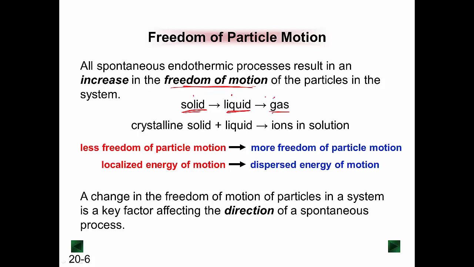Similarly, if we move from a crystalline solid and liquid to having ions in solution, we've moved from a situation where we have less freedom of motion to where we have more freedom of motion. And so a change in the freedom of motion of particles in a system is very important in determining the direction of a spontaneous reaction.